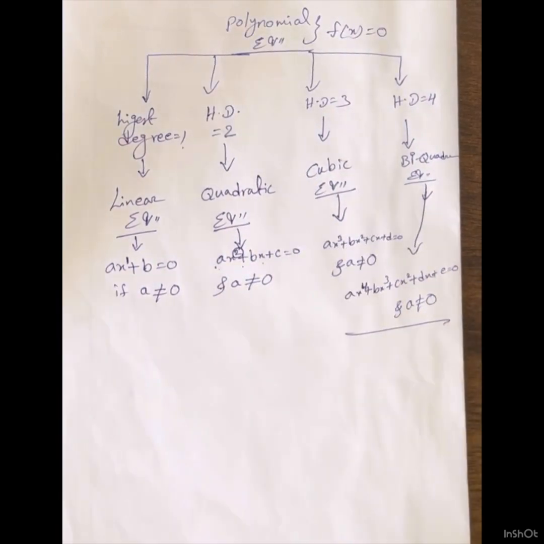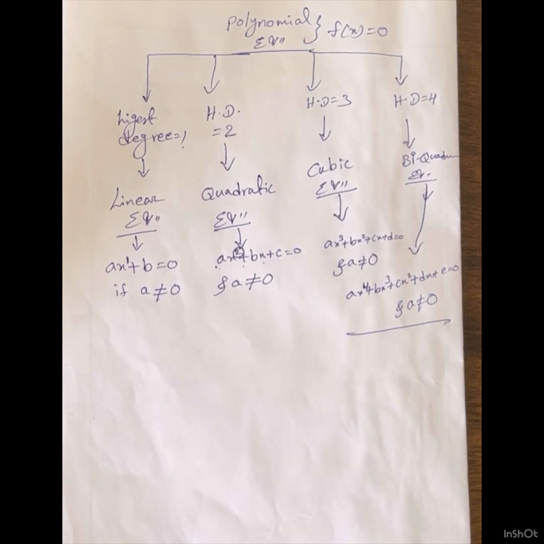This is the general form of the biquadratic equation. So these are the types of the polynomial equation. The types of polynomial equation are based upon the highest degree only.